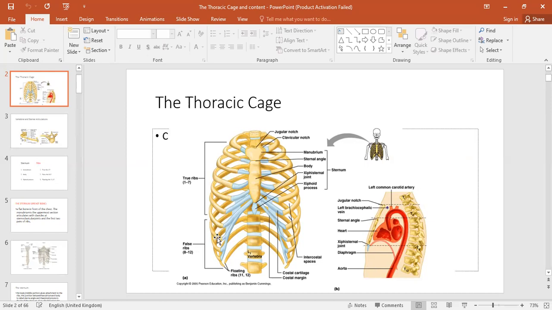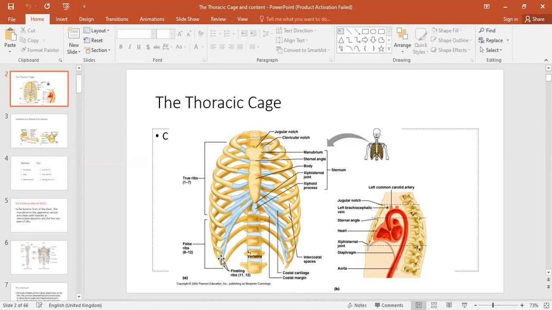Rib 8, rib 9, rib 10, 11, and 12 are considered false ribs because they are not attaching to the sternum directly on their own. If you observe, this is 8, this is 9, this is 10. They have costal cartilage there, and their cartilages are joining with each other.